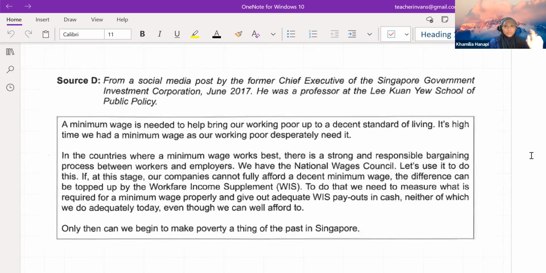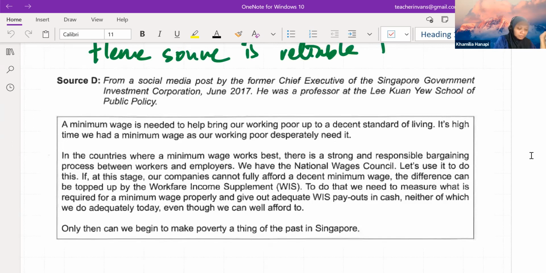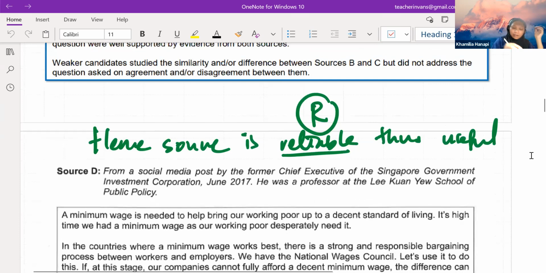So this question is on utility, and when we talk about utility, most important is: is the source reliable, thus useful. Always go for reliable first and then useful. Okay, now let's take a look.